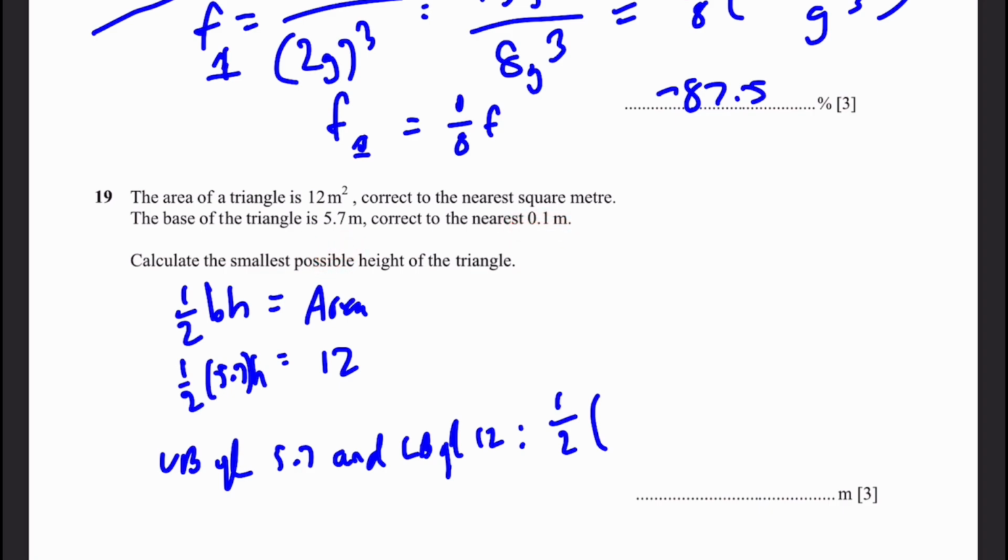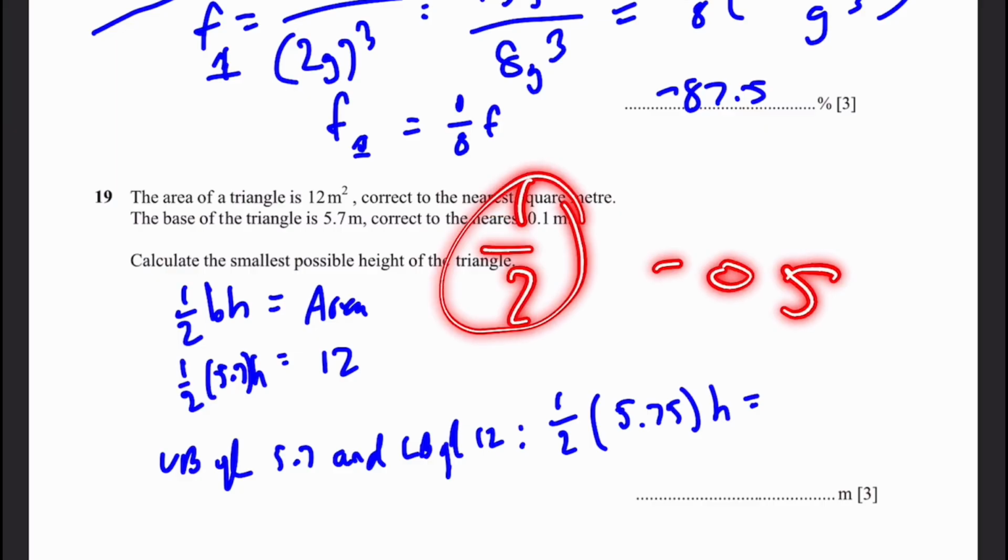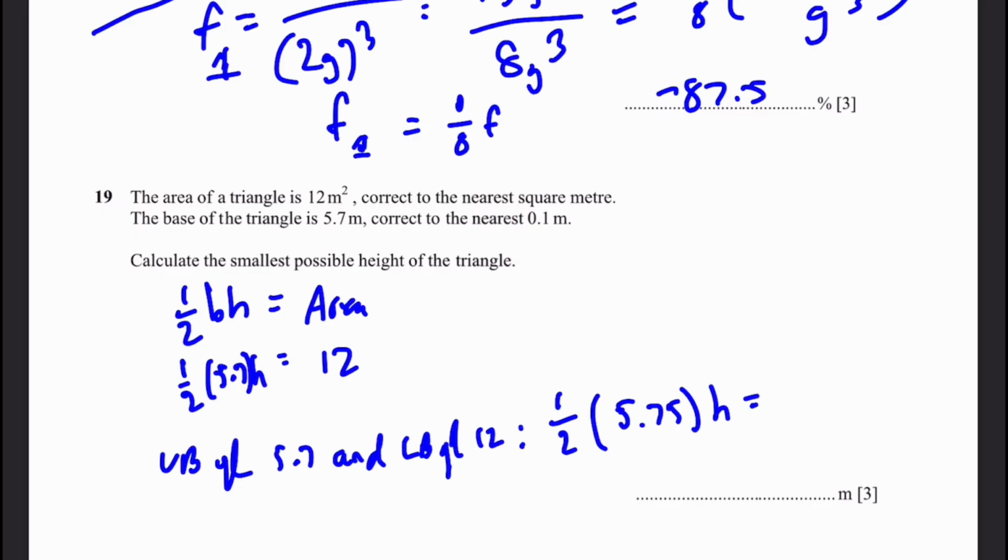To this specification, we divide the specification by 2, 0.05, and because it's the upper bound, we add it to the original value, 5.75, times h is equal to, now the area is to the nearest square meter, which is just 1, and divide 1 by 2, which is 0.5. And because we're calculating the lower bound, we just subtract instead of adding. So 12 minus 0.5 is 11.5.